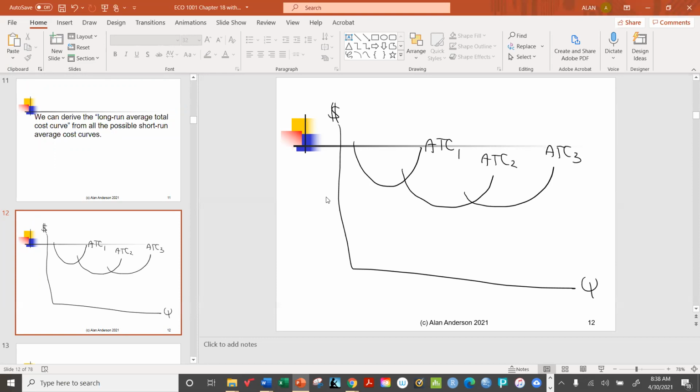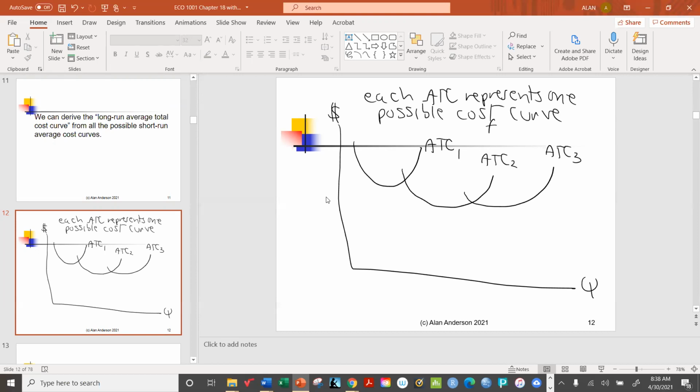Each of these represents one possible cost curve for producing beer or producing our product. It doesn't matter what it is. In other words, we get to choose.